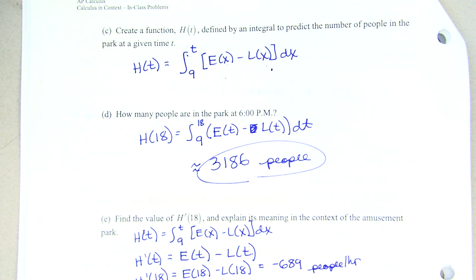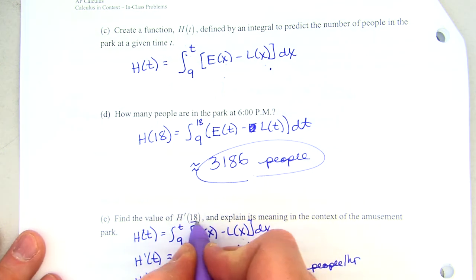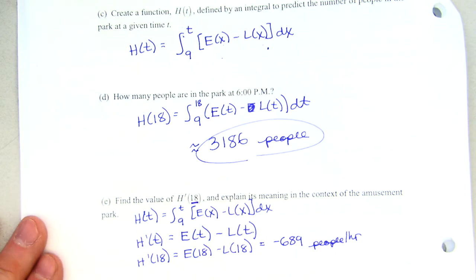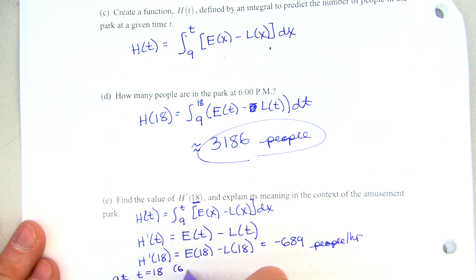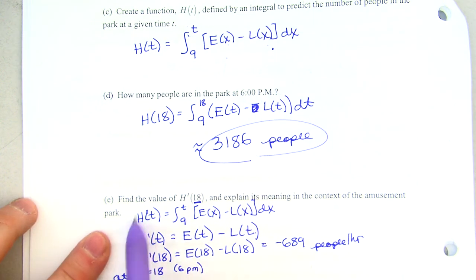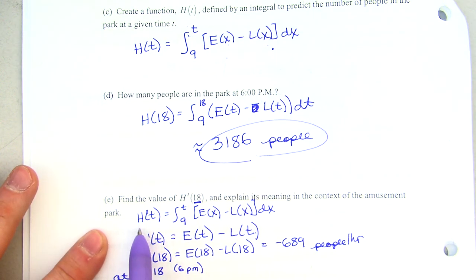When you interpret things, you need to make sure you refer to the time we're dealing with. So at t equals 18. Or you could also say at 6 p.m. What did I find? Well, the net total of people. Okay, there are two ways we can talk about this. This integral gives you the total number of people in the park, right?